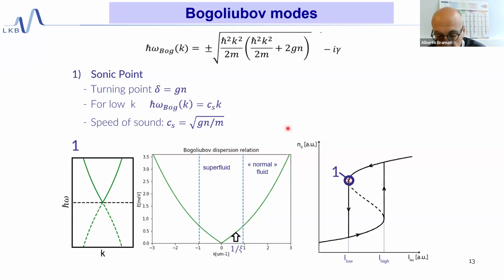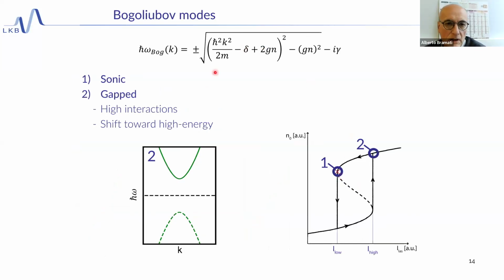This is a very remarkable point, because if we work with our system at this point, we should observe a typical behavior, which is also observed in atomic Bose-Einstein condensates, the smoking gun of superfluidity.